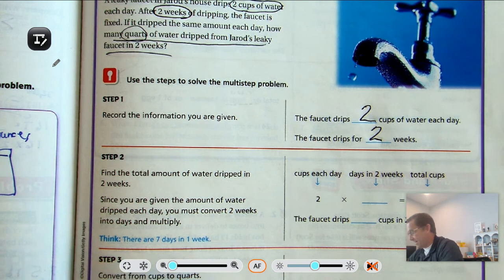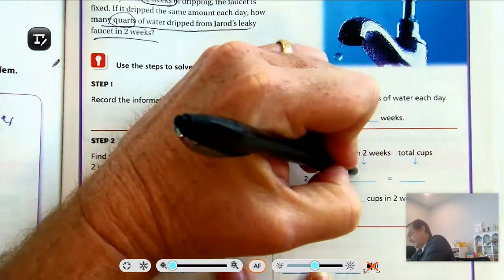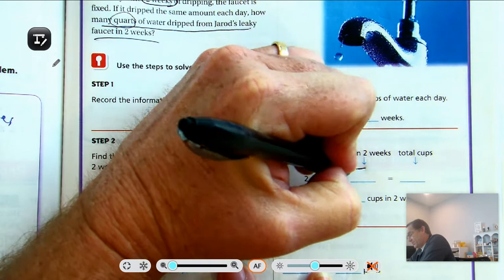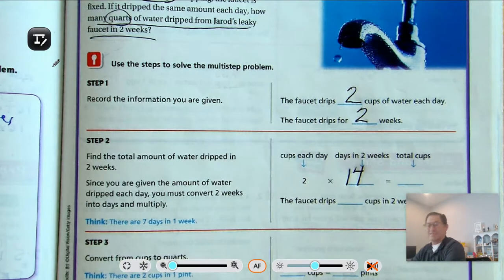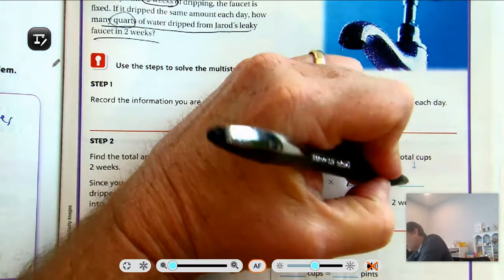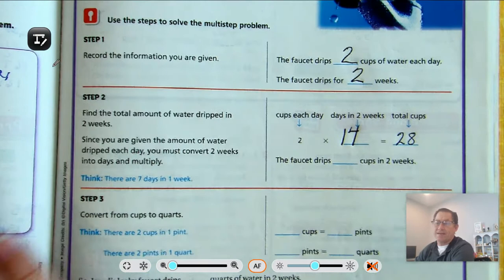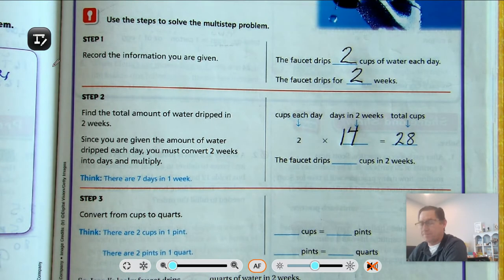Okay, remember there's 7 days in a week, right? So 2 cups per day for 2 weeks. So how many days are in 2 weeks? 14 days, right? 2 times 7. So over those 2 weeks, or those 14 days, 28 cups of water drip.